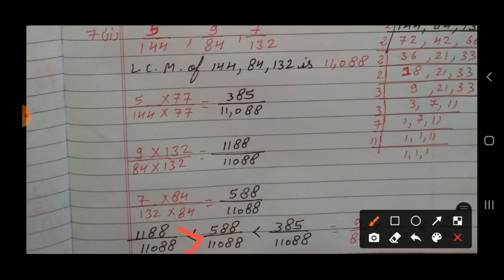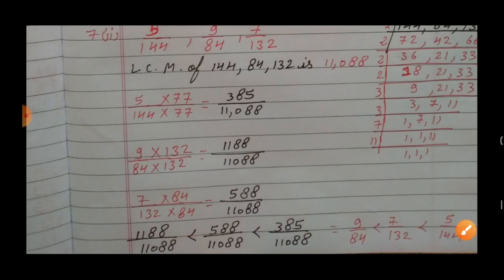This one is greatest, 1188. After this 588, and less than this 385, and the original form is 9 upon 84, 7 upon 32, 5 upon 144. These are in descending order, that's why change the sign.